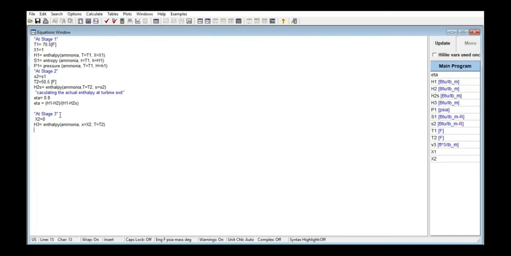We will also calculate the entropy. S3 is equal to entropy, and in brackets we will write ammonia, comma, and we will mention the temperature as T2 and enthalpy as H3.